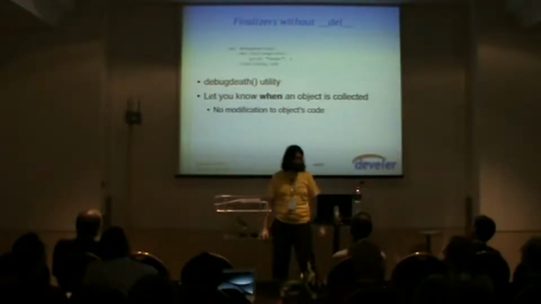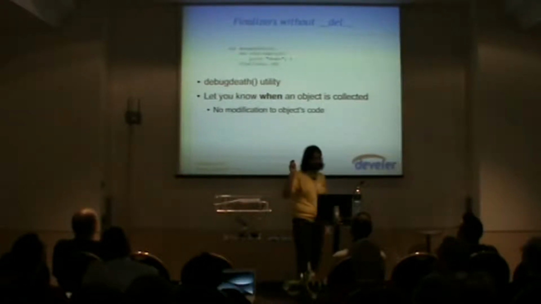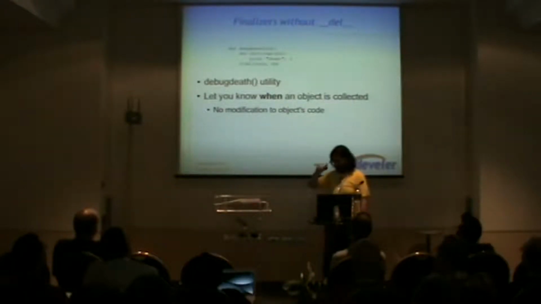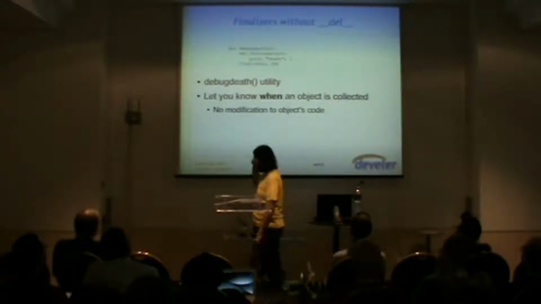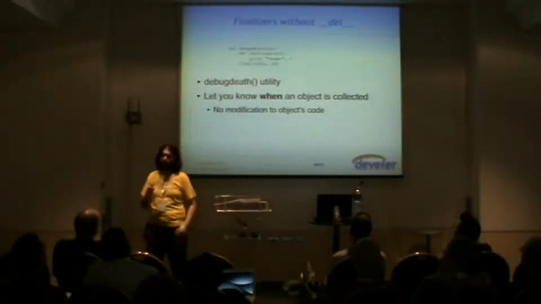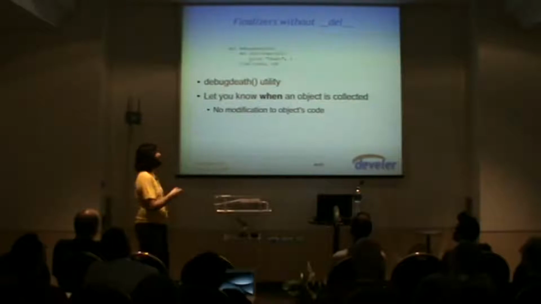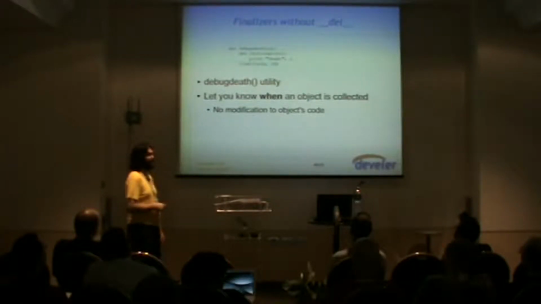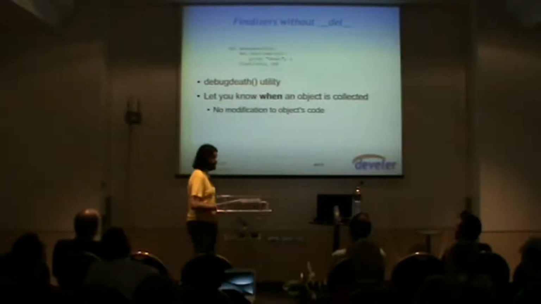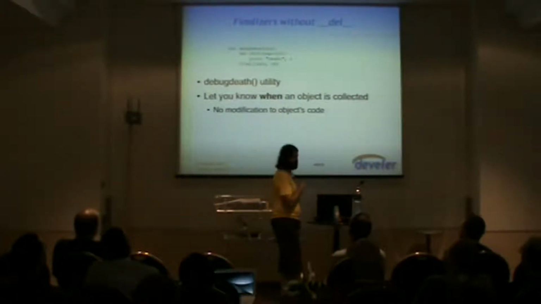Another small tool, which I always use, is debug def. I pass it an object. Basically, I want to know when the object is destroyed. So I write debug def O, which means please print a statement to the standard output when O dies. And it will finalize.